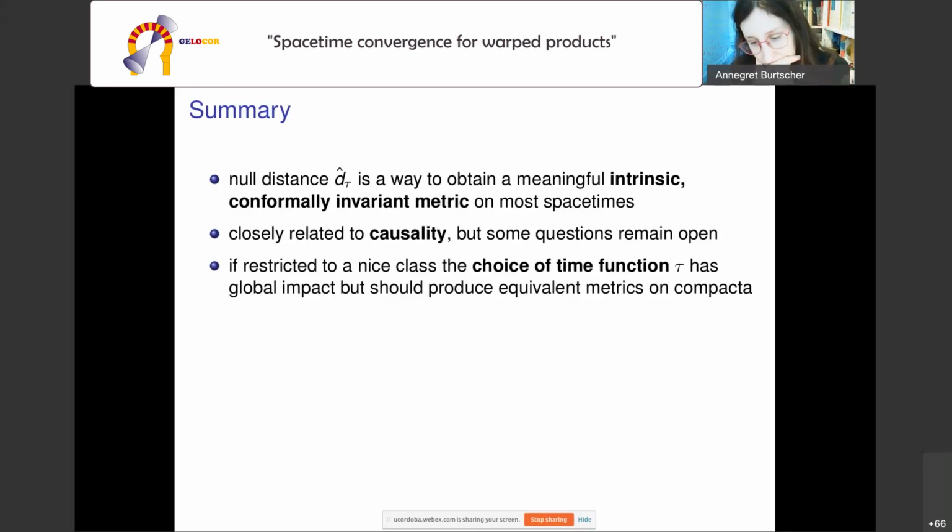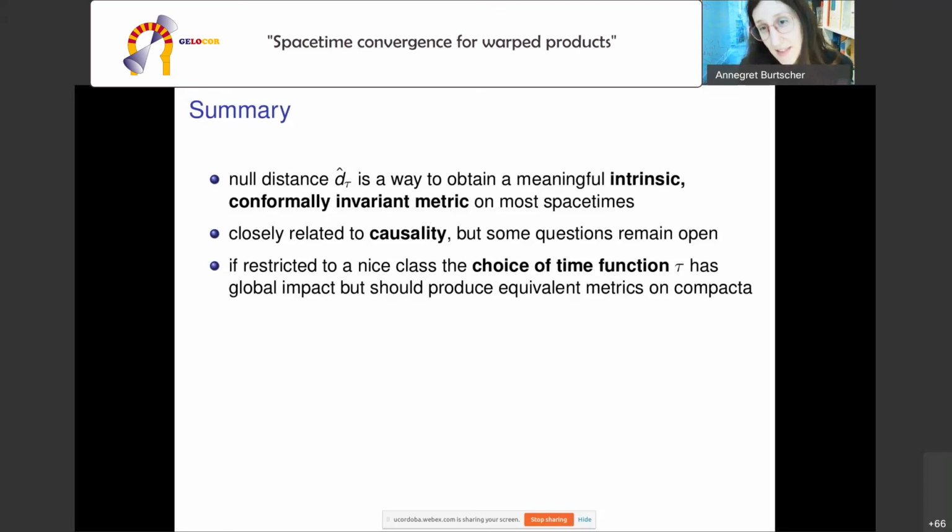This is a little bit related to Riemannian geometry as well. If you think of a manifold that you equip with two different Riemannian metrics, then the distance functions will differ globally, but they will be equivalent on compact sets.